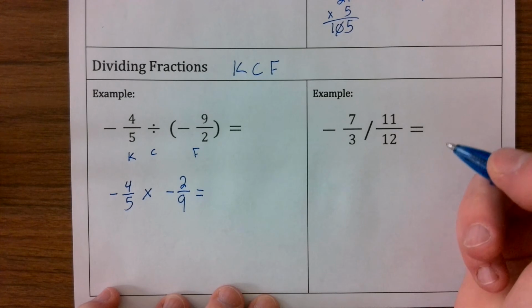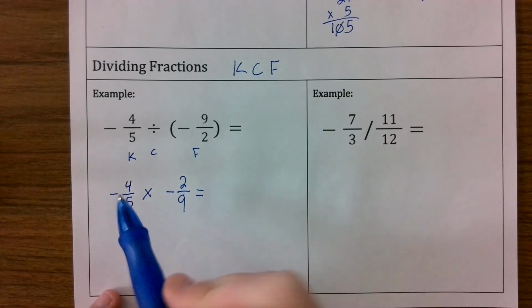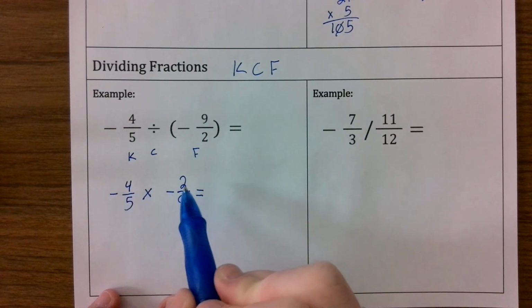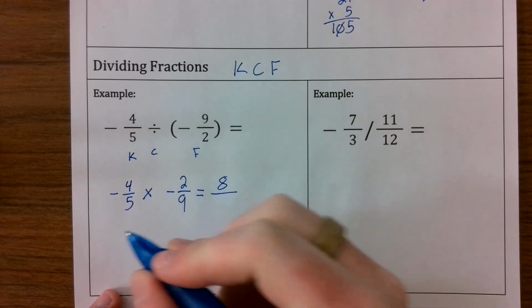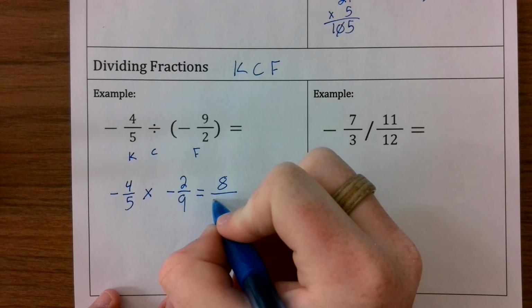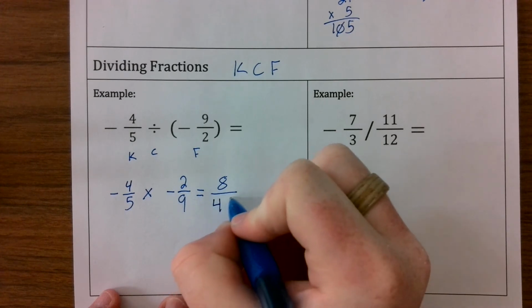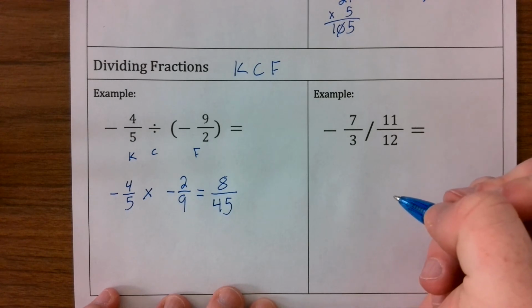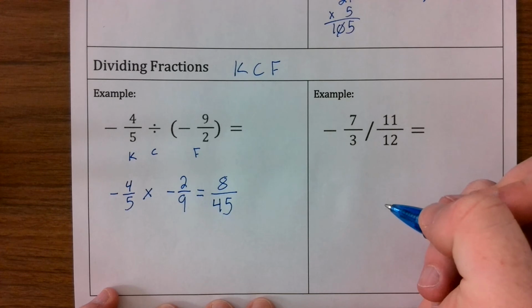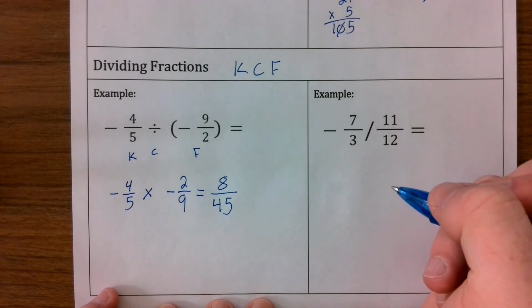And I'm going to simplify this at the end. So we're going to do 4 times 2 is 8. 5 times 9 is 45. And we have the same sign, which means our answer is positive. 8 and 45 do not share any common factors.